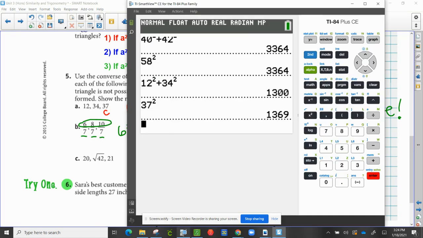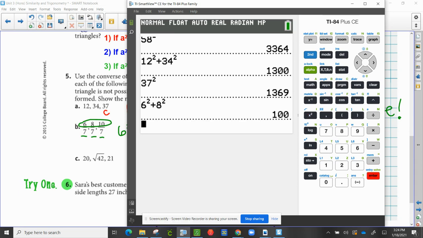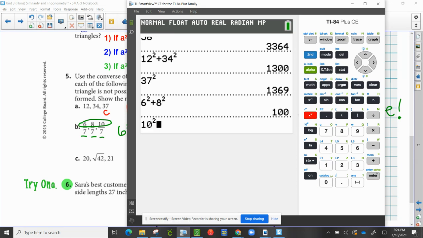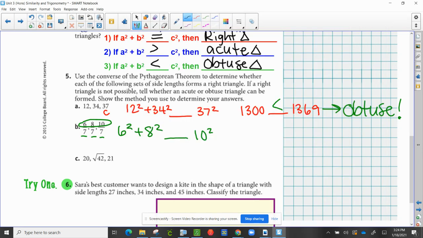Well, we can check it out in our calculator just for fun. 6 squared plus 8 squared is 100. And we already know 10 squared is 100. So in this problem, our things were equal to each other. So this was a right triangle. Hopefully you already knew that because we just talked a lot about how 6, 8, 10 is a Pythagorean triple.